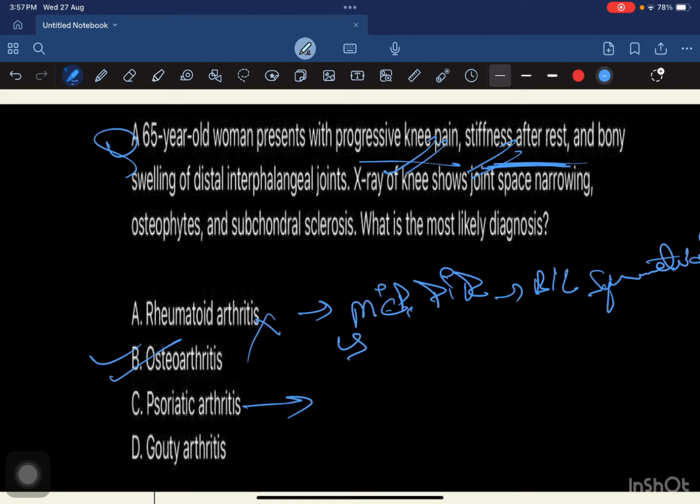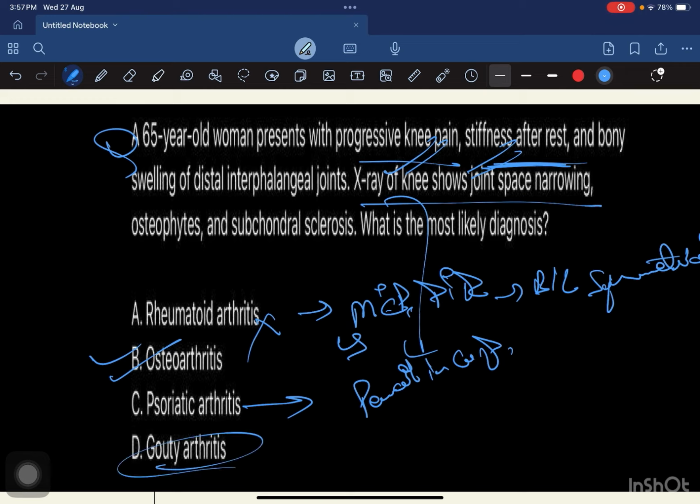For psoriatic arthritis, the X-ray would show pencil-in-cup deformity. And for gout, the first metatarsophalangeal joint is involved most commonly.